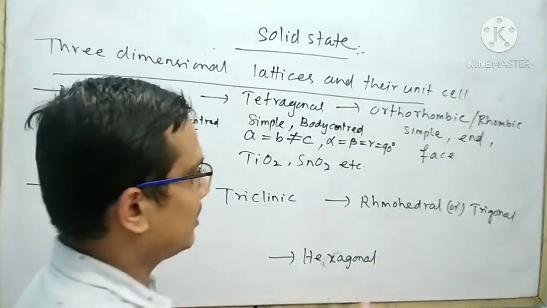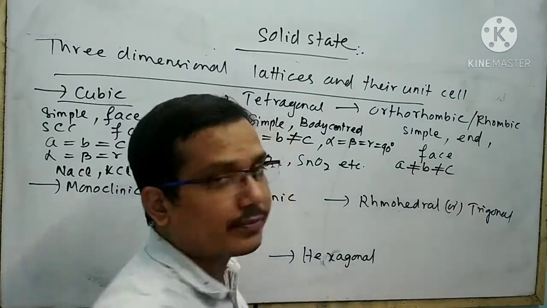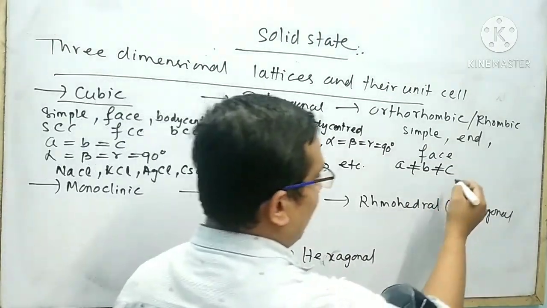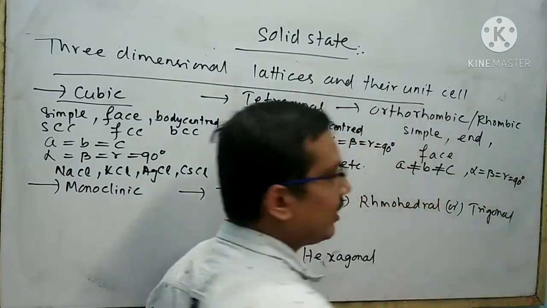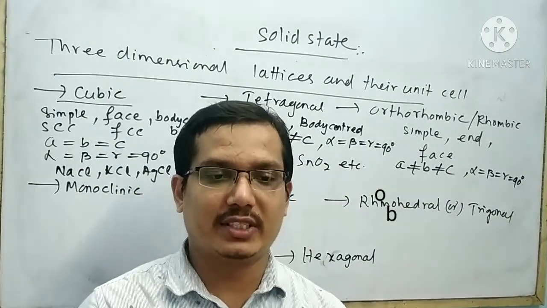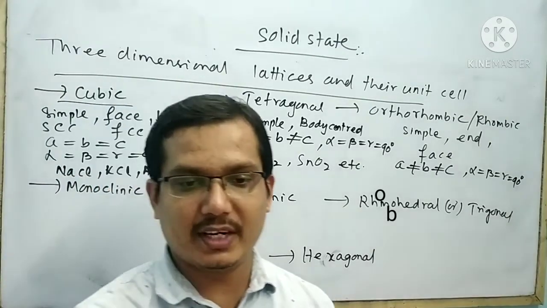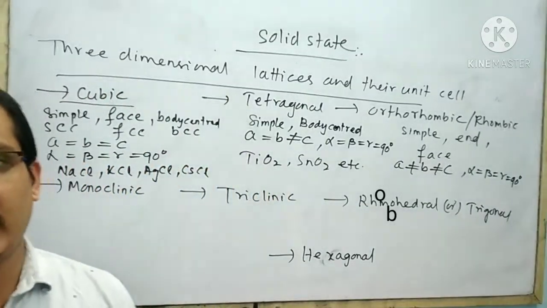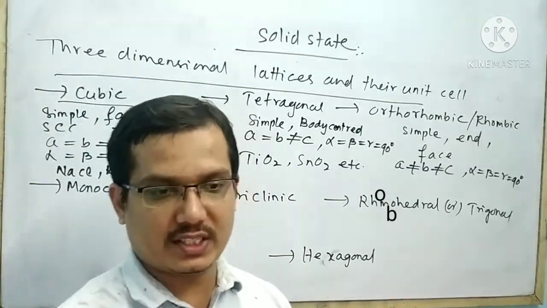In this case, a not equal to b not equal to c. Here, alpha equal to beta equal to gamma equal to 90 degrees. The examples of orthorhombic unit cell are barium sulfate, FeSO4.7H2O, KNO3, etc.